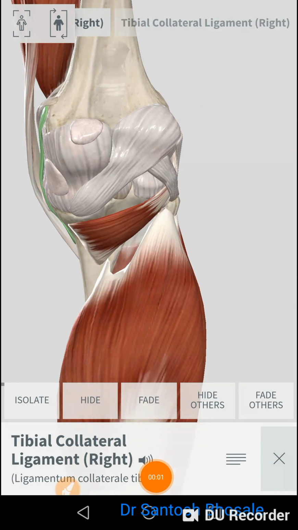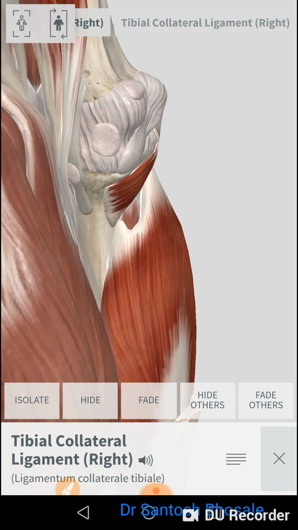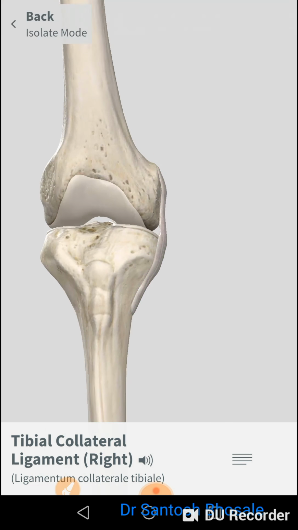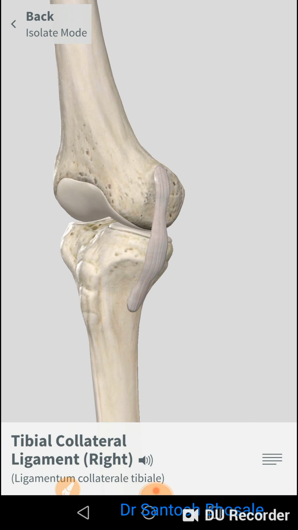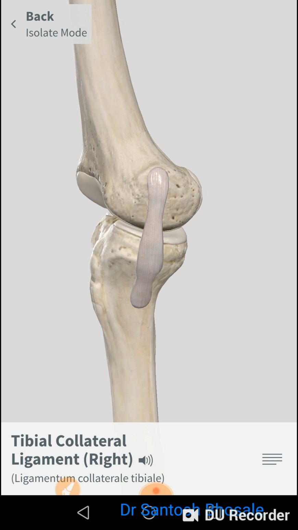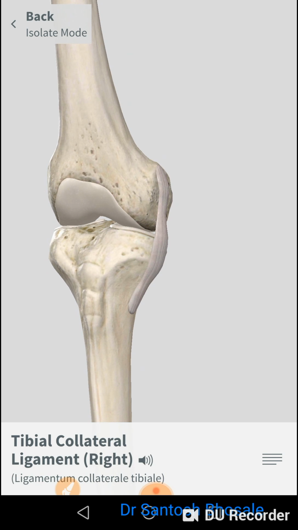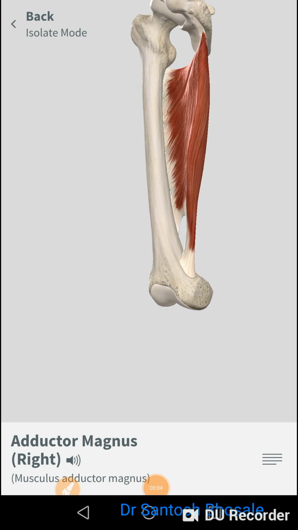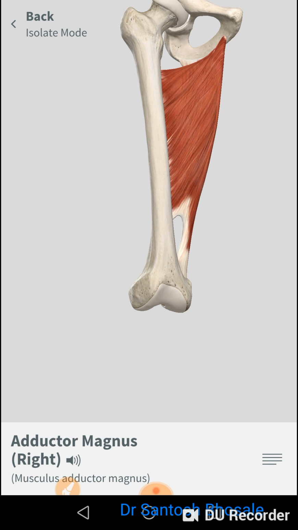And after hiding the medial head of gastrocnemius, here you can see the tibial collateral ligament, which is nothing but an extension of the degenerated tendon of the adductor magnus muscle. To the adductor tubercle, you can see the attachment of the adductor magnus muscle.